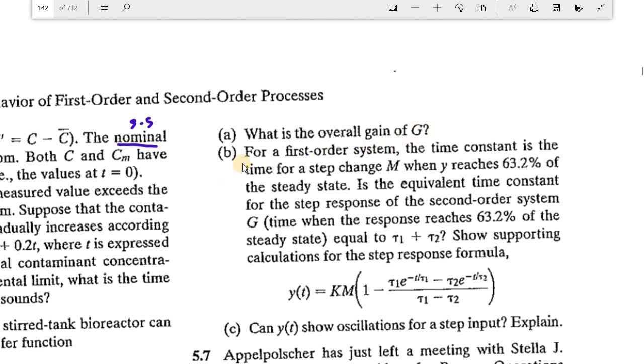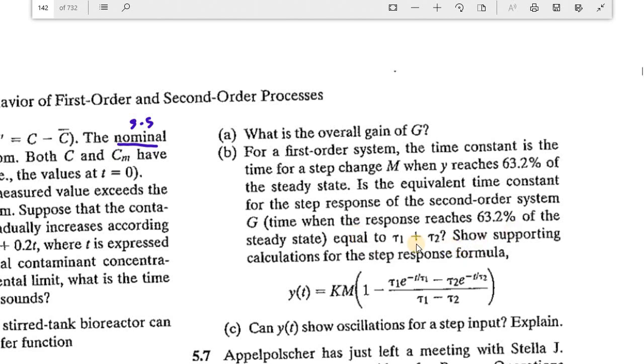That's the overall gain. For a first order system, the time constant is the time for a step change when y reaches 63.2% of the steady state. Is the equivalent time constant for the step response of the second order system G the time when the response reaches 63.2%? We know that for first order, tau is the time to reach 63.2% of the change.